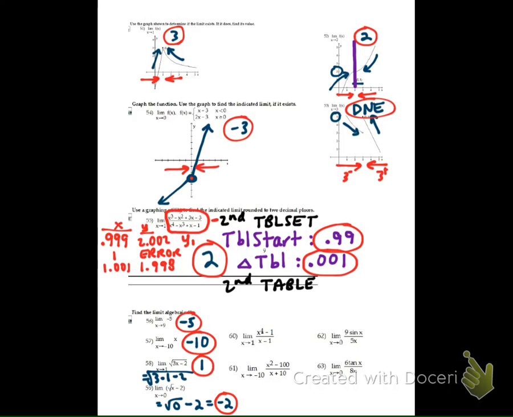Now for problem number 60, if we replace x with 1, then we see we get 0 over 0. When we get 0 over 0, what we want to do here is factor. We get x squared plus 1 times x squared minus 1, and that factors into x plus 1 times x minus 1.